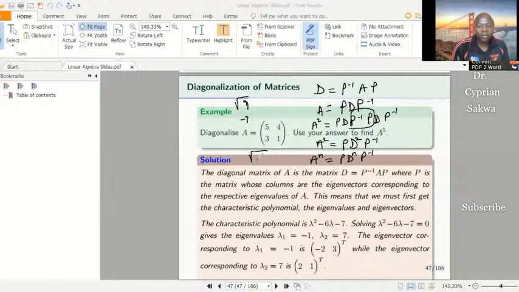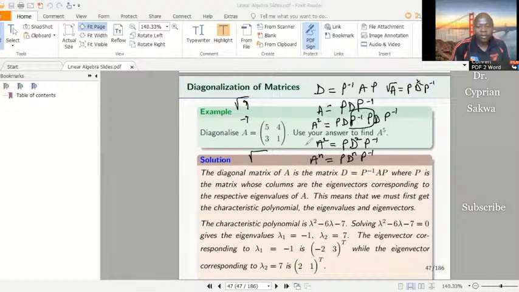So I'm just talking about a positive matrix. If I get positive eigenvalues, then it means that matrix is positive, and therefore I can get its square root using this knowledge, so that the square root of matrix A will be given by P, the square root of D, P inverse.